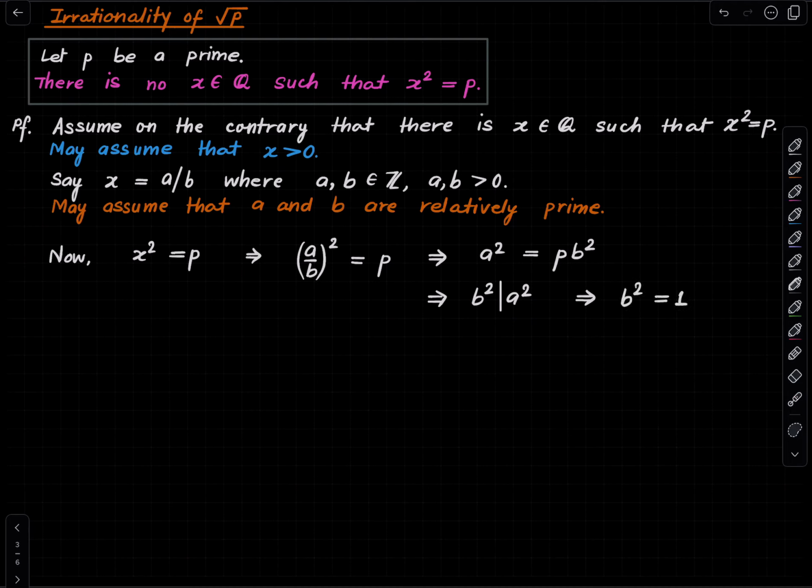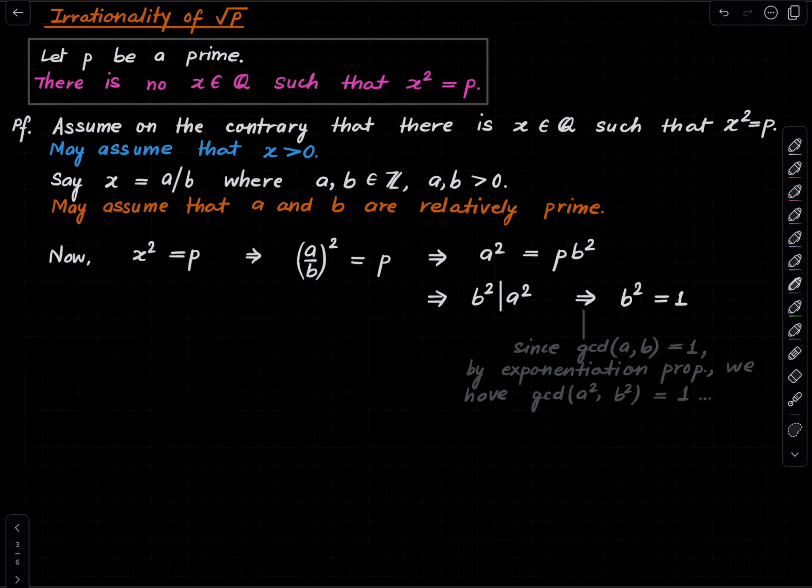So let me write the reason for it. Since a and b are relatively prime, by the exponentiation property, which we recalled in the beginning, we have that the GCD of a square and b square is 1. And the rest is clear.